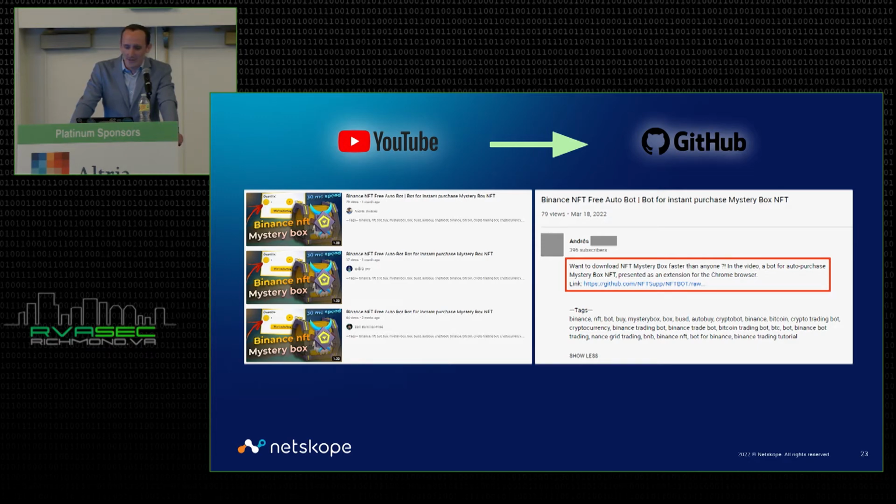And all those videos and the person's profile, everything was linking to a Chrome extension you should download from GitHub. That wasn't a Chrome extension at all. It was actually just Redline Stealer. We found this because somebody fell for this. We saw the referrers, we saw it came from YouTube, and we helped get this taken down both by YouTube and GitHub.